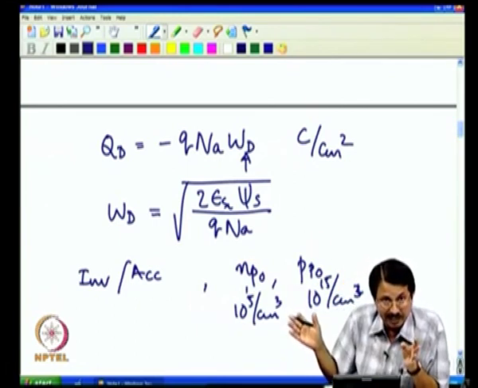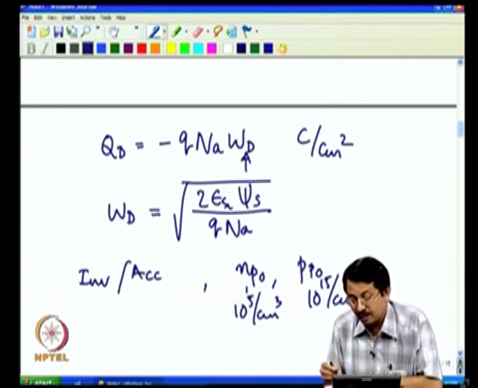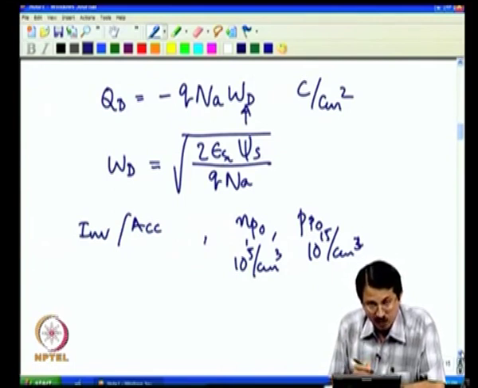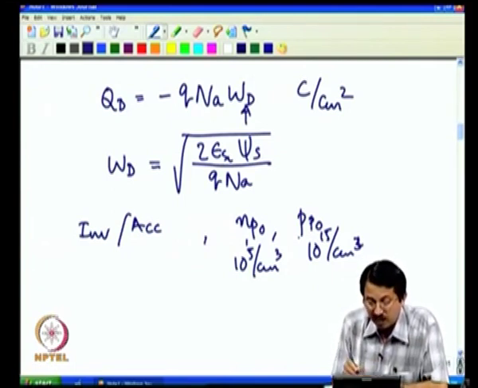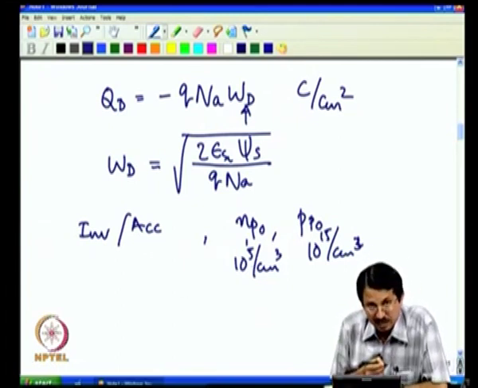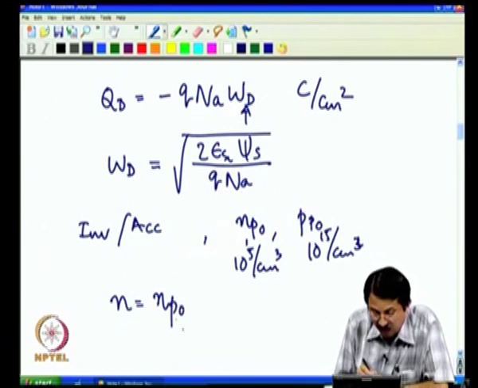That is why I am ignoring the Na completely. So, when I am only looking at the free carrier charge, the carrier concentration here will essentially be given by the surface potential. In other words, your n carrier concentration will be given as Np0 e to the q psi s by kT.